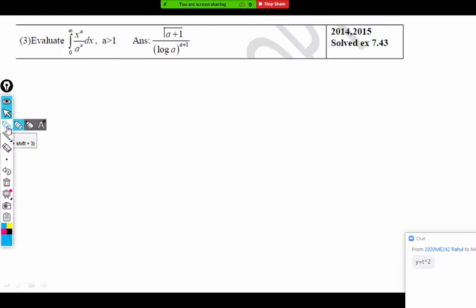Example 3 on the screen now. The most important thing is a correct substitution. What should be the substitution which converts this integral into the gamma?